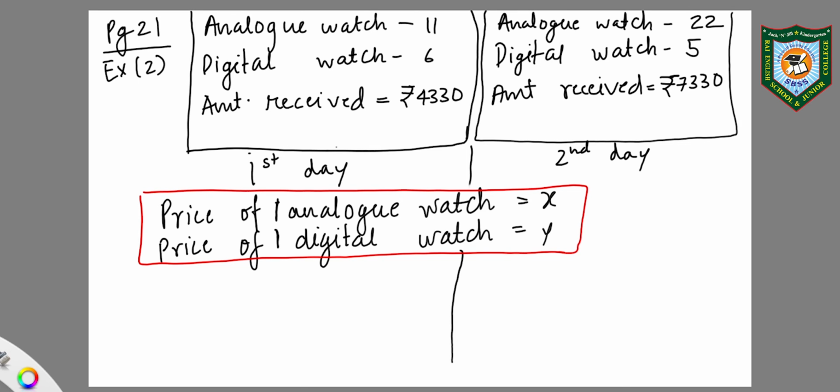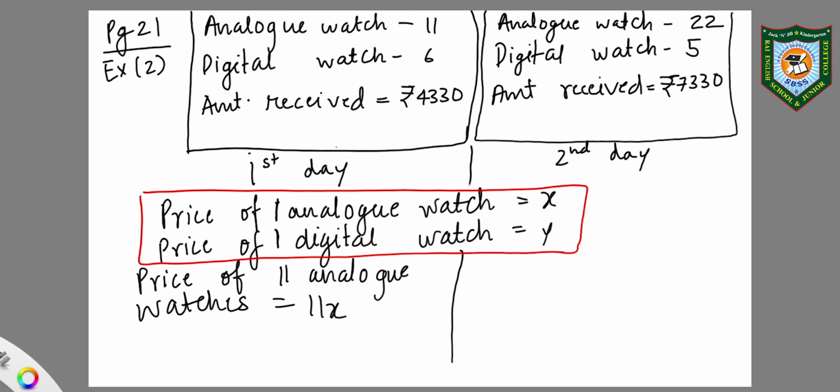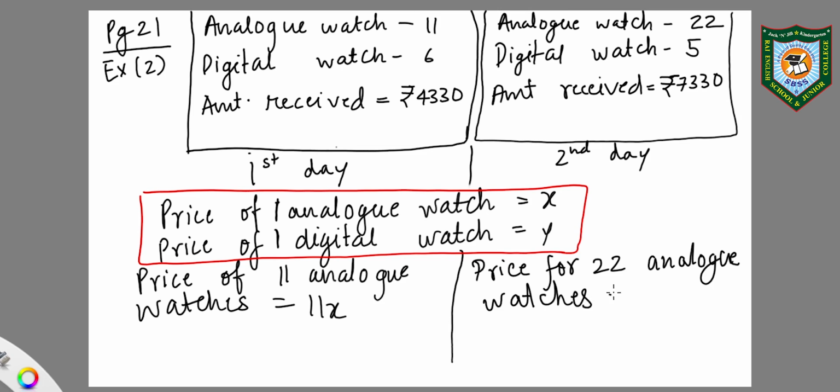So if the price of one analog watch is x, then the price of 11 analog watches is equal to 11x. And similarly for the second day, the price for 22 analog watches is equal to 22x.